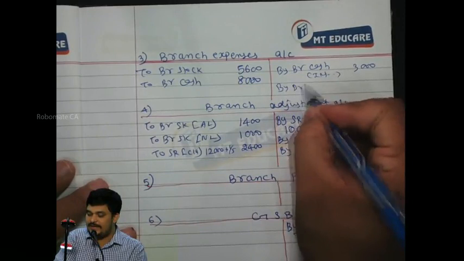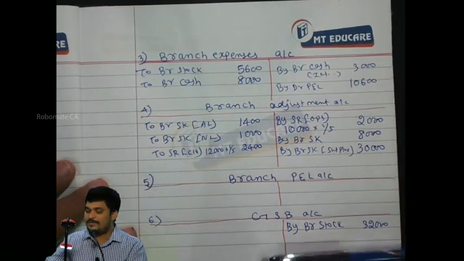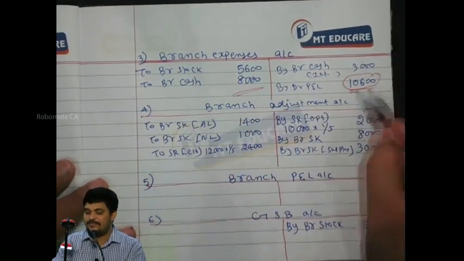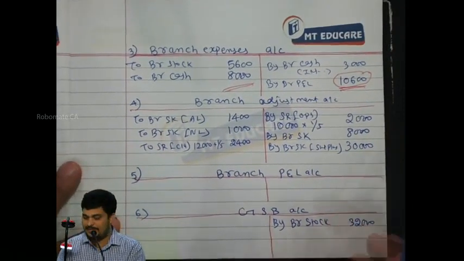Expenses transfer to P&L, 10,000. Actually abnormal loss of 2,600 and expense of 8,000. Correct? Because out of 5,600 loss, 3,000 was recovered from the insurance company.